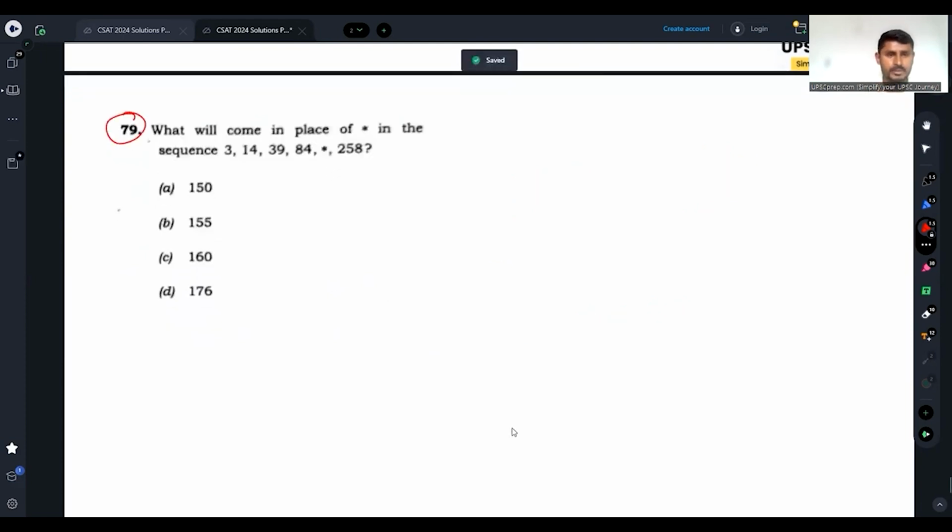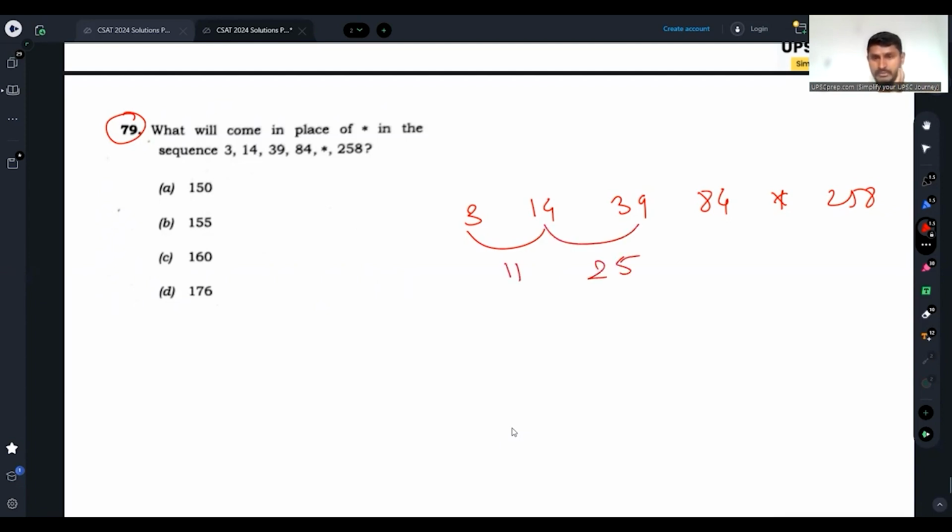79. What will come in the place of this asterisk symbol in the sequence 3, 14, 39, 84, star, 258. Now let's take the difference of this. 3 plus 11 is 14, then 39, here it should be 25.